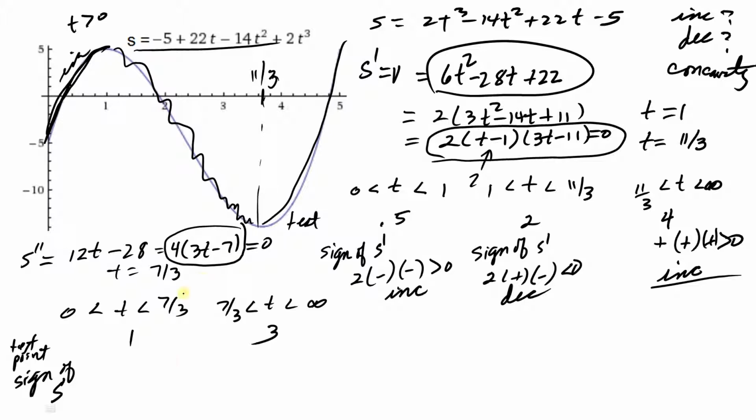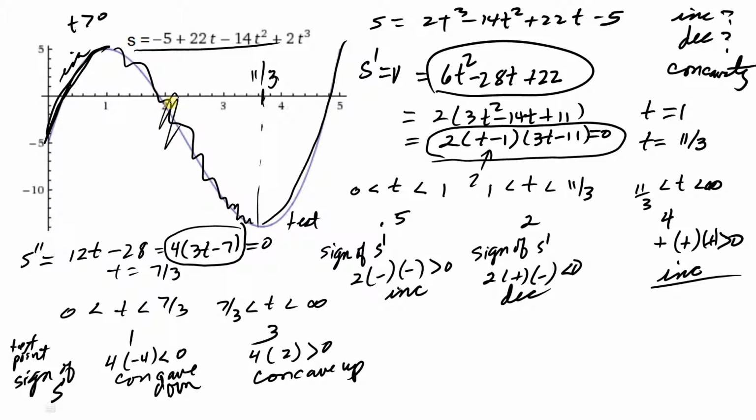Plug in 1, and we get 4 times minus 4, which is less than 0, so it's concave down. Plug in 3, and you get 4 times 2, which is more than 0, and it's concave up.